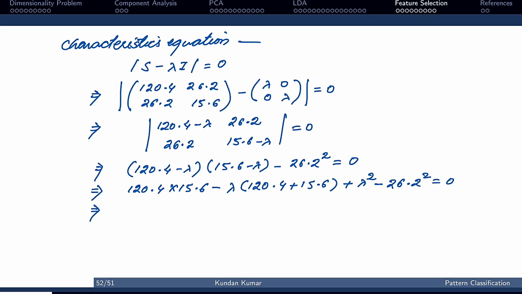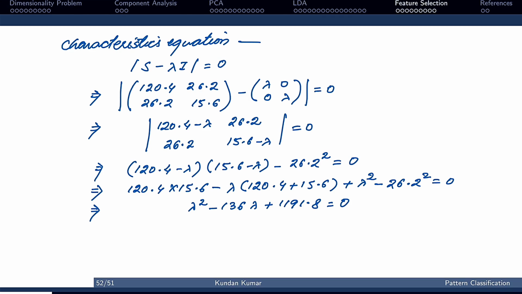Finally we have the quadratic equation as lambda square minus 136 lambda plus 1191.8 equal to 0.